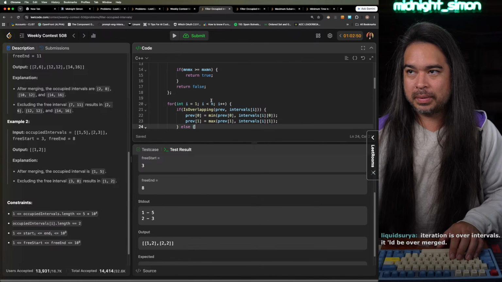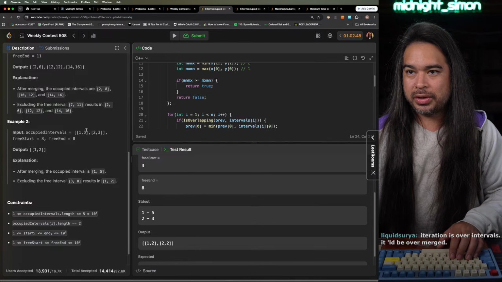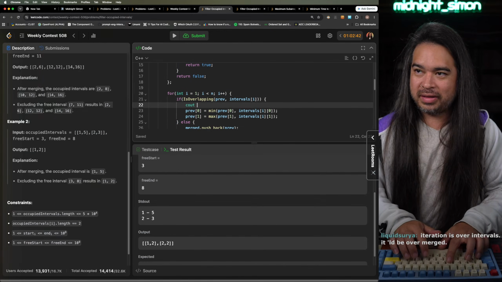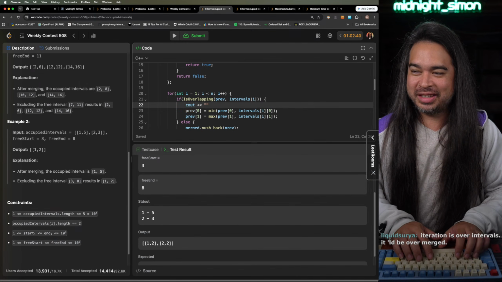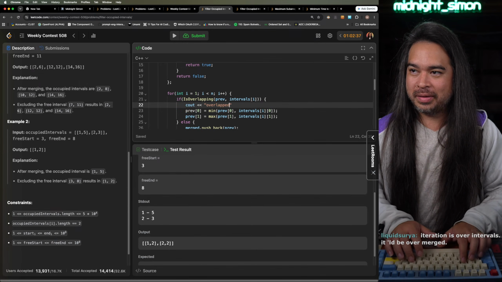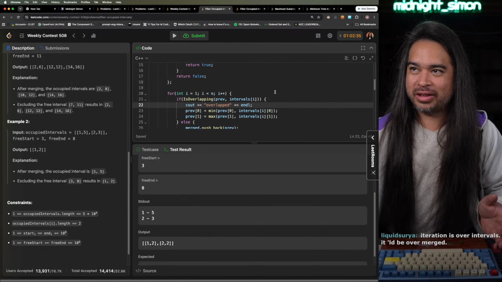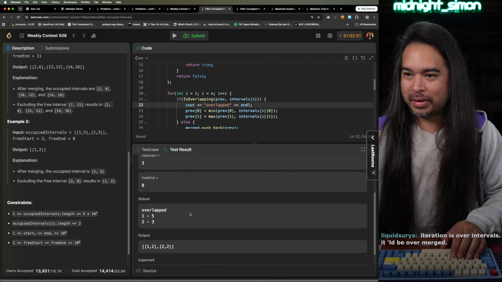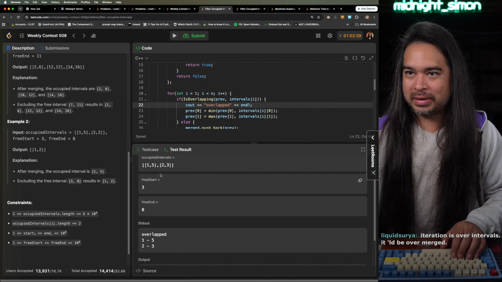Alright, my merged, my previous is 1.5. I hate that I'm using print statements instead of looking at my code with my eyeballs. But it is what it is.